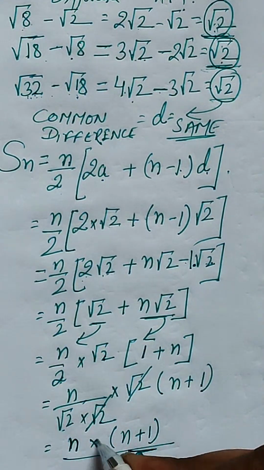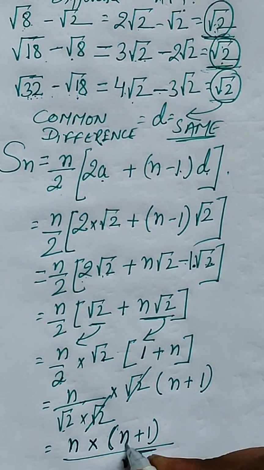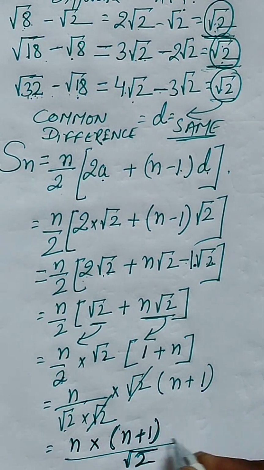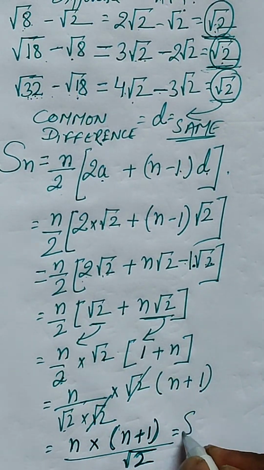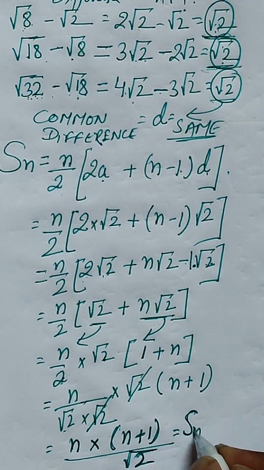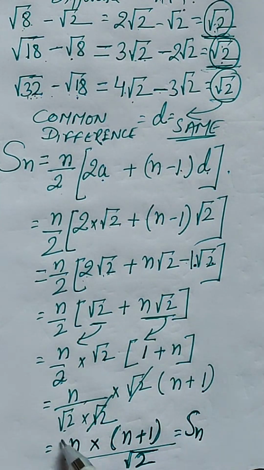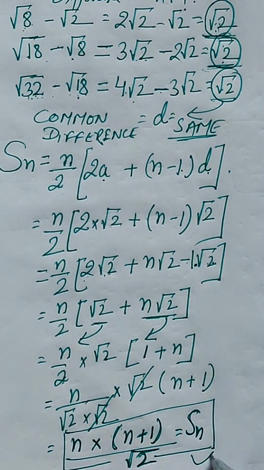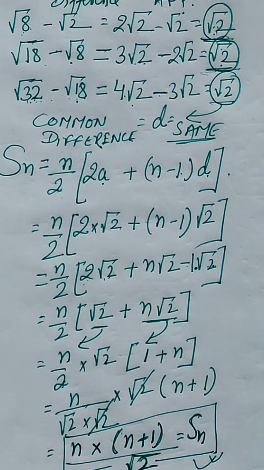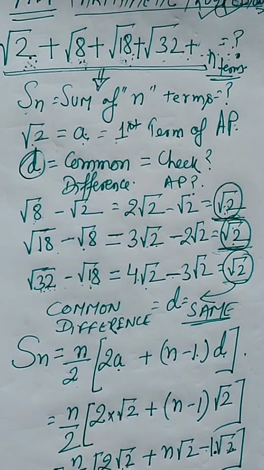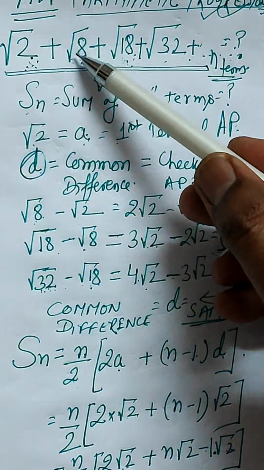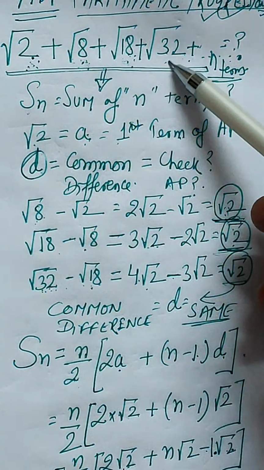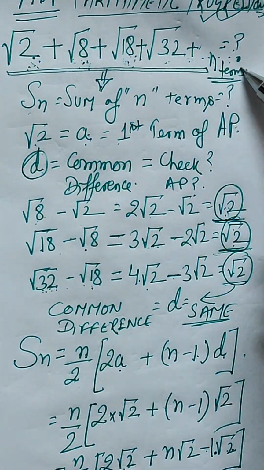So this is the sum of n terms. This is the value of the sum of n terms of the given series which we checked as AP, and that AP was root 2 plus root 8, root 18, root 32, likewise till n terms.